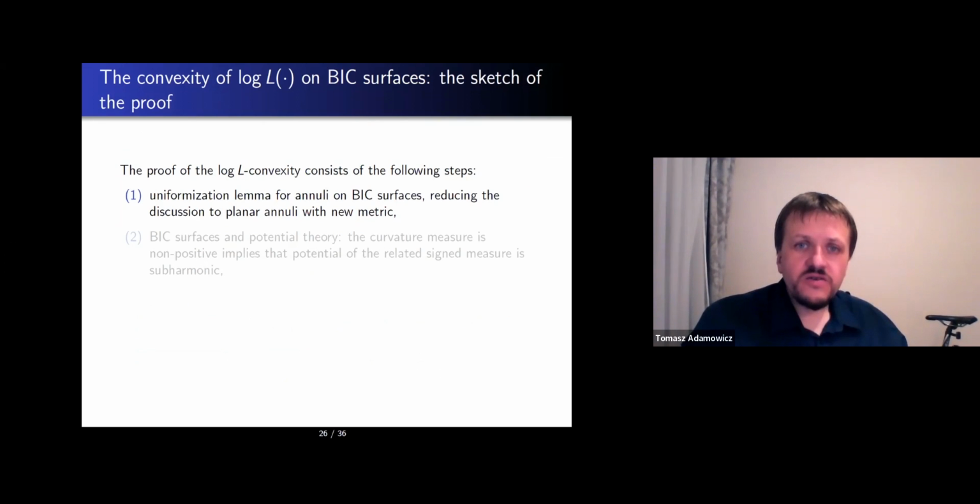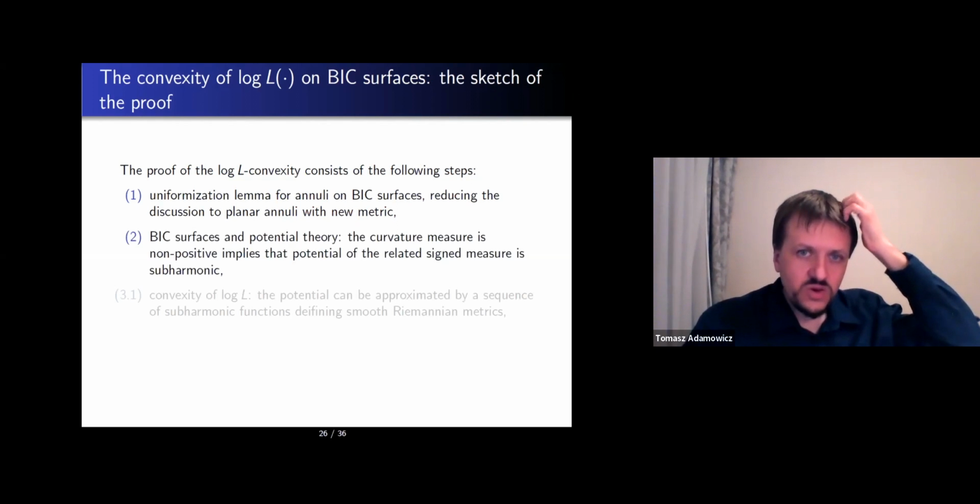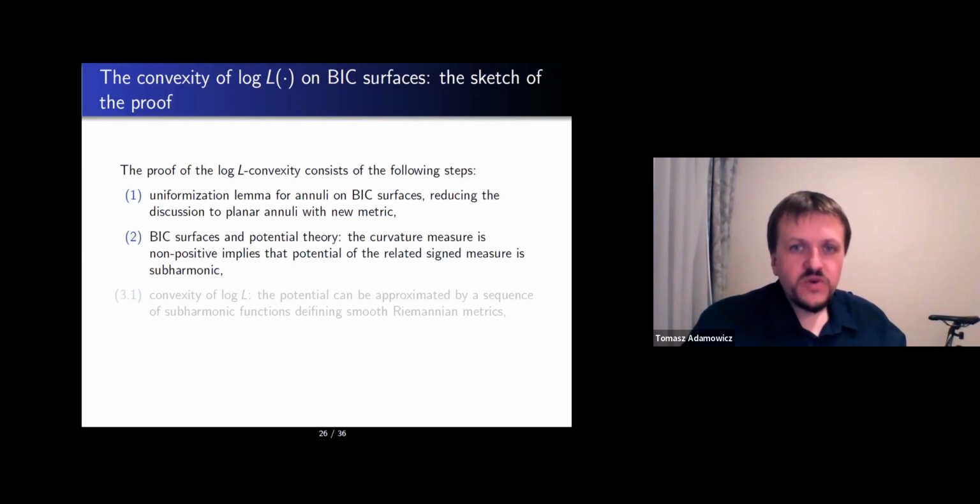The proof of the log L convexity consists of the following steps. First, we show the uniformization lemma for annuli on Alexandrov surfaces, which allows us to reduce the discussion from an Alexandrov surface to planar annuli with the modified metric. Then we employ potential theory and observe that the curvature measure being non-positive implies that the potential of the related signed measure is subharmonic.